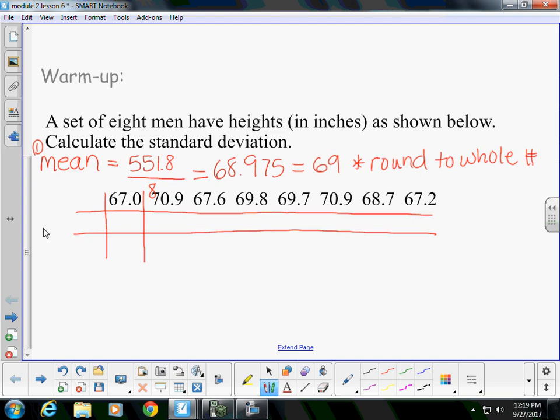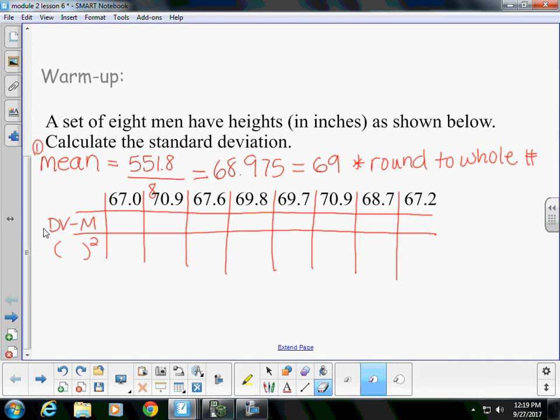Next one we want to do is our deviations from the mean, where we want to take our data values and subtract the mean. And then after that we want to take those answers and we want to square them. Okay, so I'm going to take every single one of my numbers here and I'm going to subtract 69 from them.